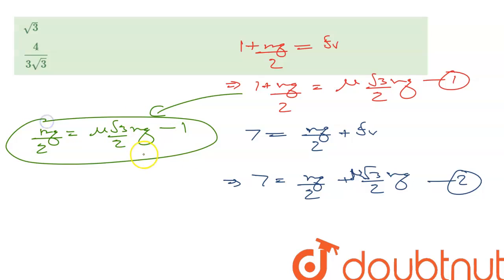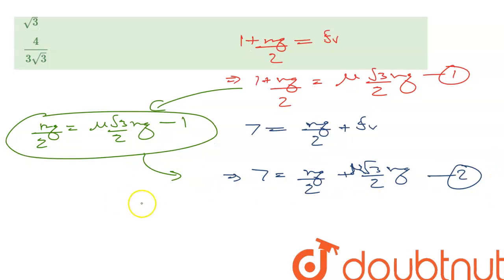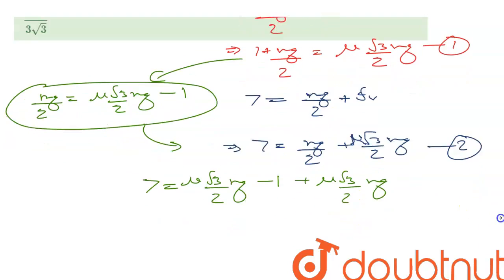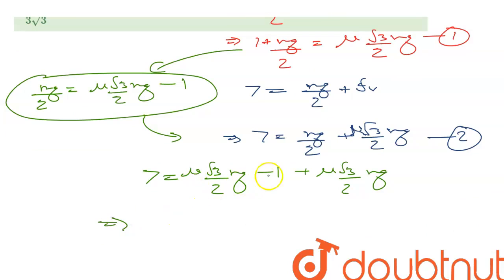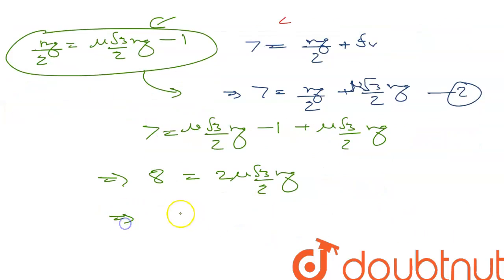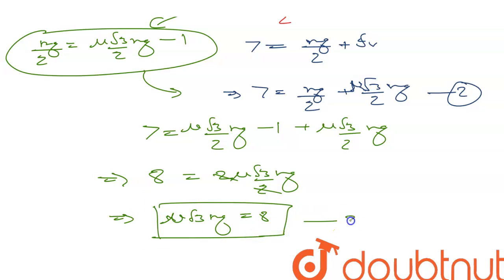So if I make this substitution into equation number 2, what I get is 7 is equal to mu times root 3 by 2 mg minus 1 plus mu root 3 by 2 mg, which means 8 is equal to 2 mu root 3 by 2 mg, which means mu times root 3 mg is equal to 8. Let's mark it as equation number 3.